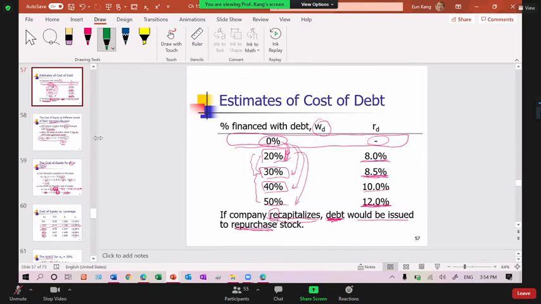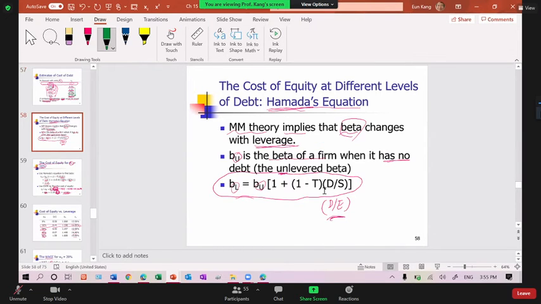That is this, right? If you have more debt, then what? The debt cost goes up, okay? Those high interest rates represent higher bankruptcy cost. So those things are already incorporated here, right? And this beta incorporates equity risk.